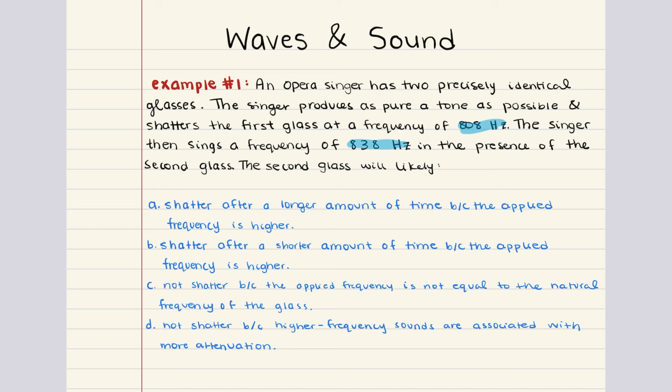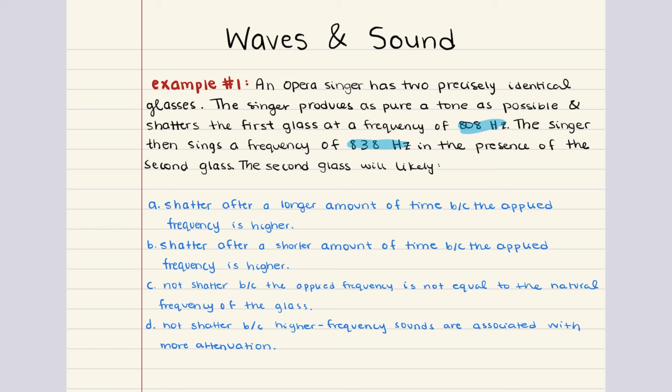In this problem, we're analyzing the behavior of two identical glasses when subjected to specific sound frequencies produced by this opera singer. Now, the first glass shatters at a frequency of 808 hertz, indicating that this is the resonant frequency or the natural frequency at which it vibrates most easily.